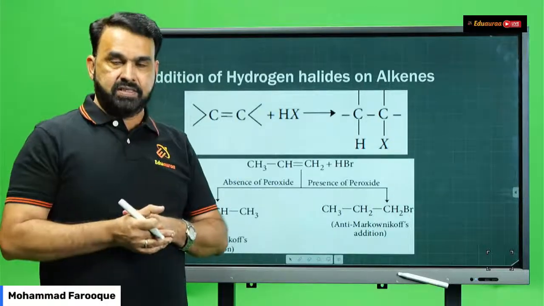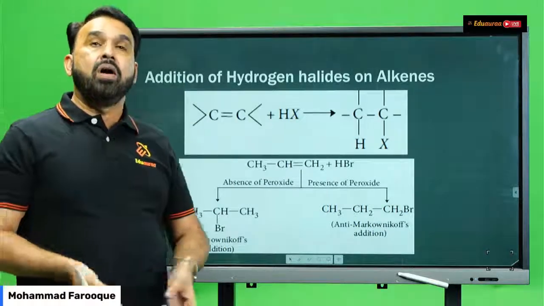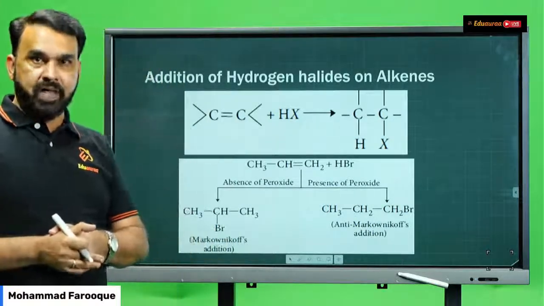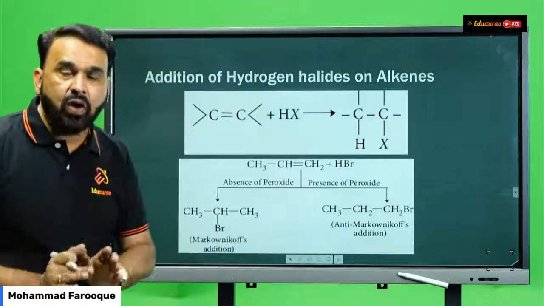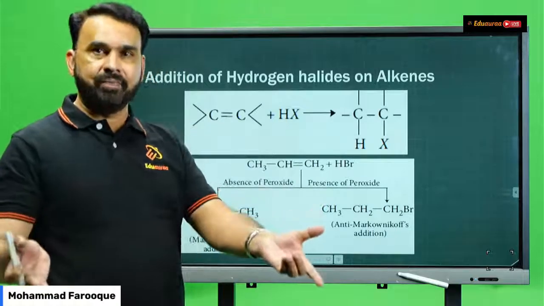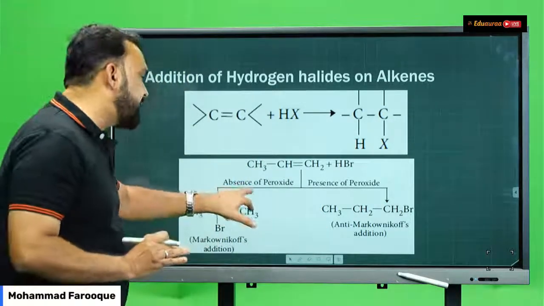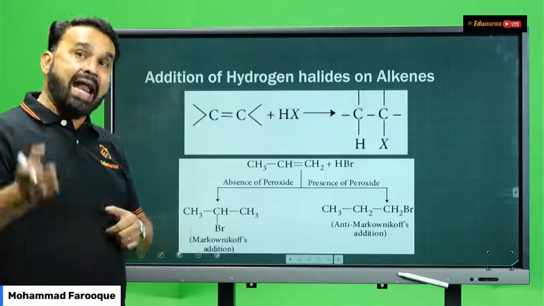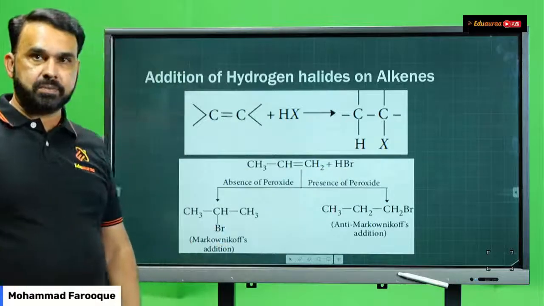But students, if the alkene is unsymmetrical, then you follow Markovnikov's rule and anti-Markovnikov's rule of addition. When will you follow Markovnikov's rule and when will you follow anti-Markovnikov's rule? Markovnikov's rule is followed in the absence of peroxide, and anti-Markovnikov's rule is followed in the presence of peroxide.